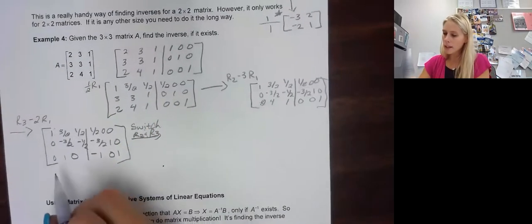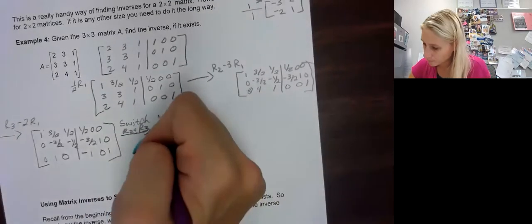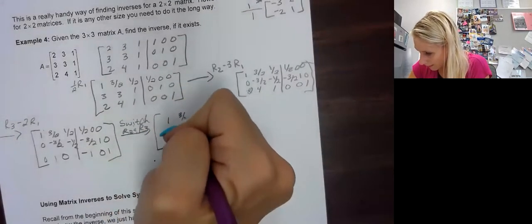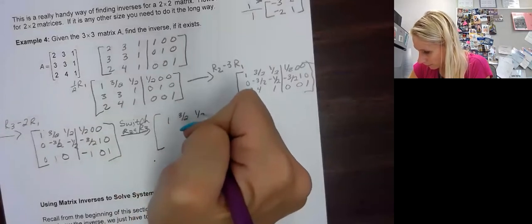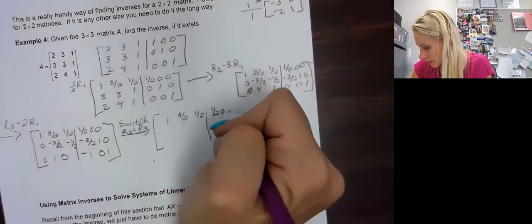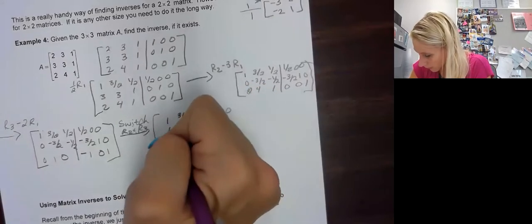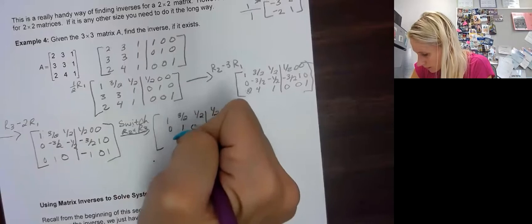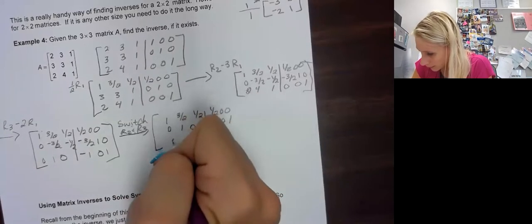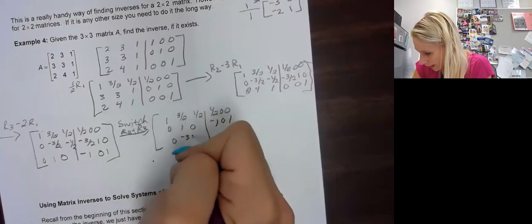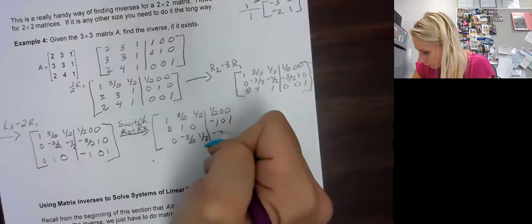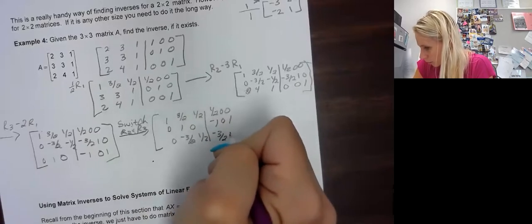Now remember, I like that because I want the 1 in the middle. 1, 3/2, 1/2, 1/2, 0, 0. I'm going to switch it, right? So 0, 1, 0, negative 1, 0, 1, 0, negative 3/2, 1/2, negative 3/2, 1, 0.